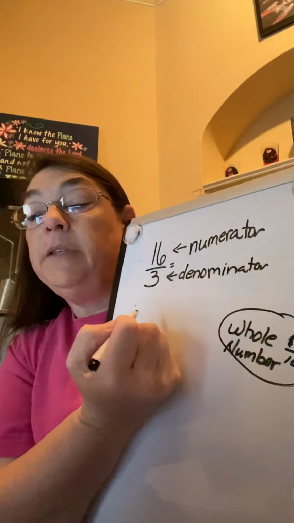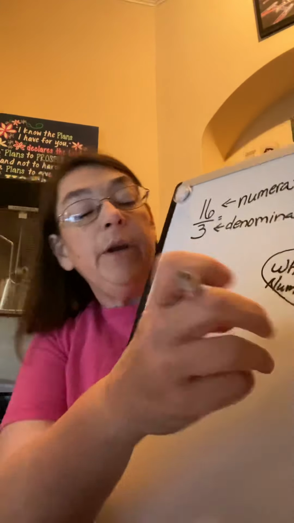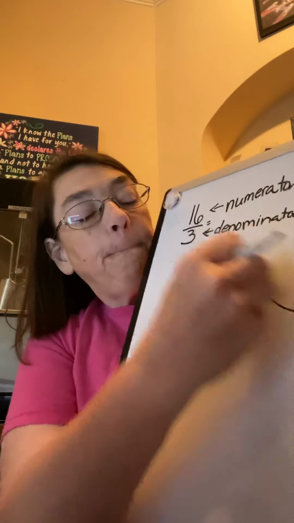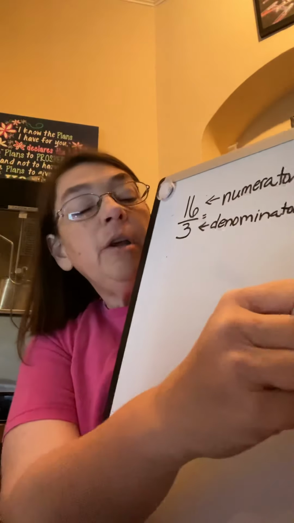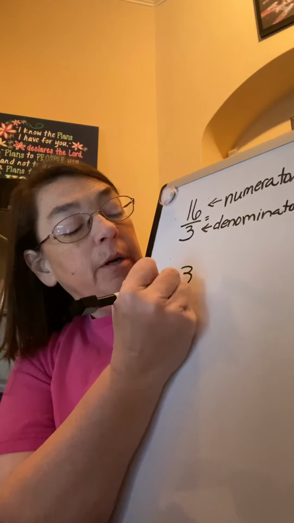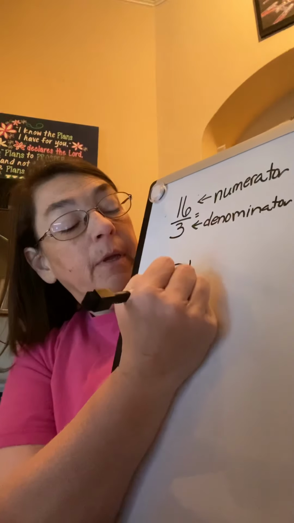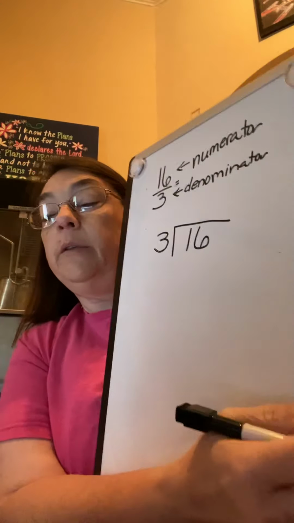All right? So how do we find that when we have 16 over 3? Well, the easiest way to find that is take your numerator and your denominator. We're going to start with our denominator. Take your denominator and write it, and then put your numerator on the inside of the division box.